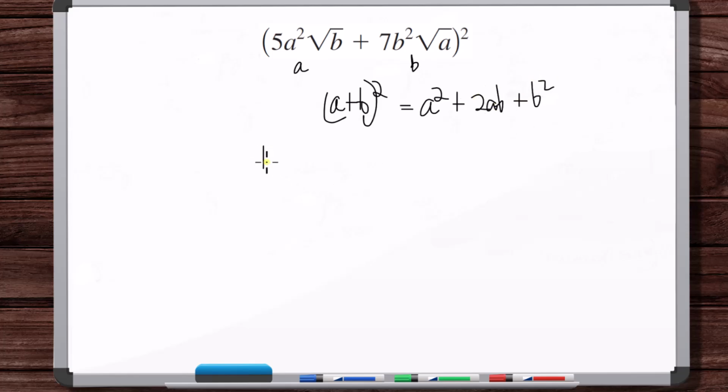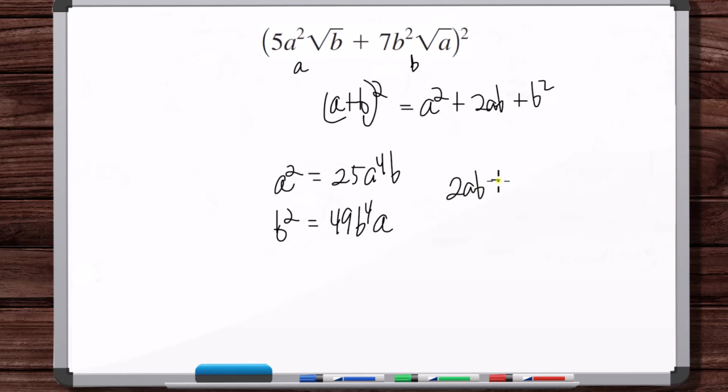So what's A squared? That's 25A to the 4th B. What's B squared? That's 49B to the 4th A. So what's 2AB? A is 5A squared root B times 7B squared root A times 2.